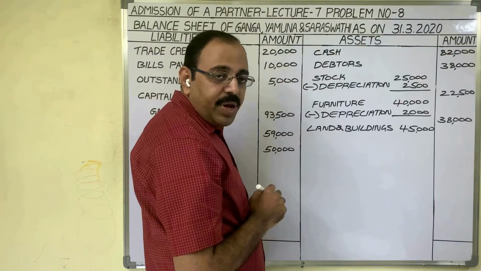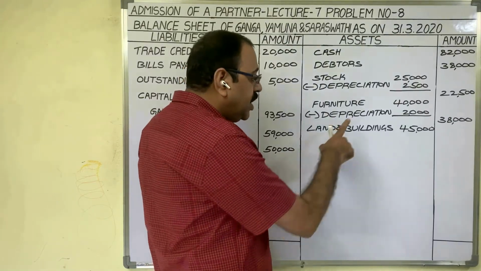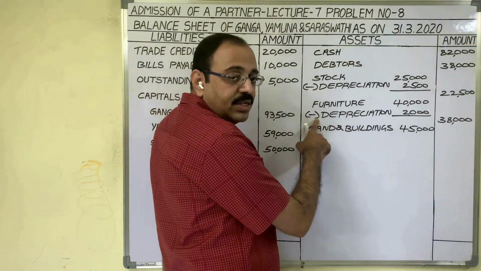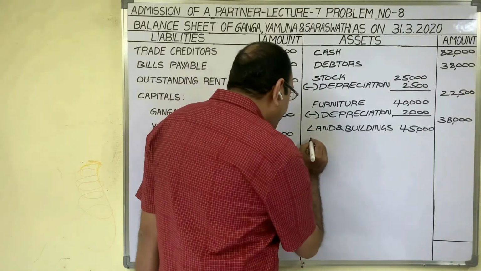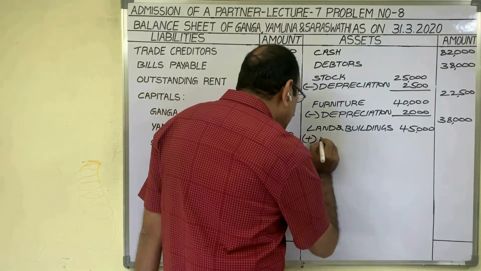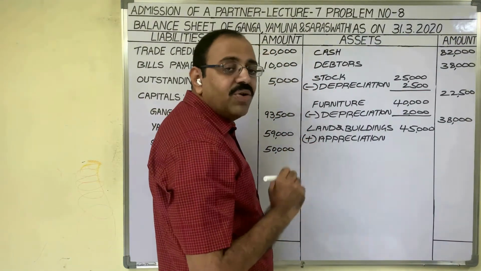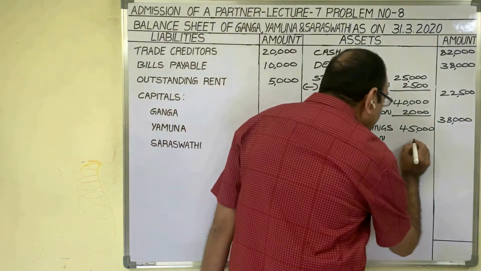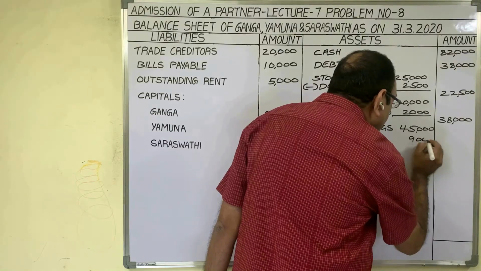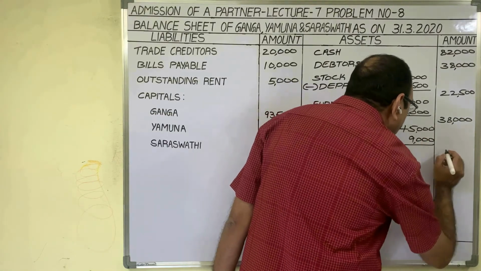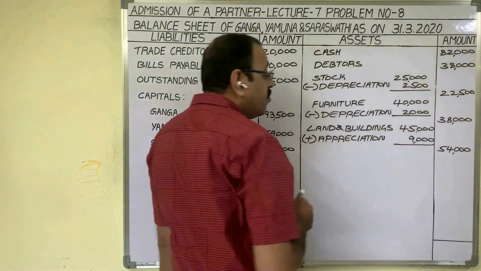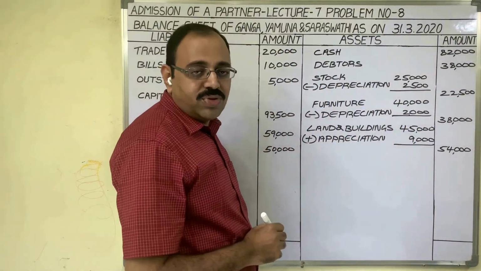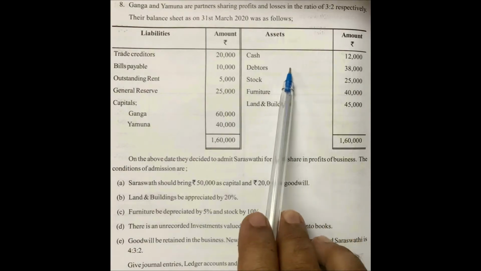Decreased means depreciation, we should deduct; increase means appreciation, we should add, plus appreciation. In revaluation account we calculated appreciation on land and building is 9,000 rupees. In outer column 54,000. Market value of land and building is 54,000 rupees. So balance sheet asset side completed.